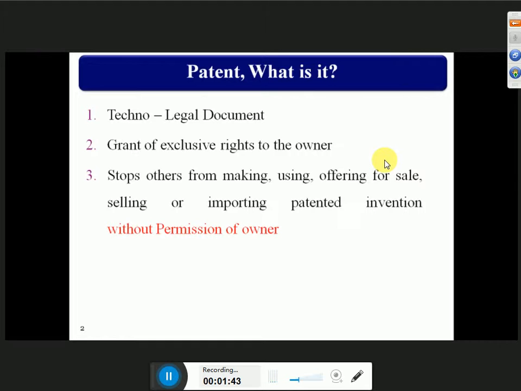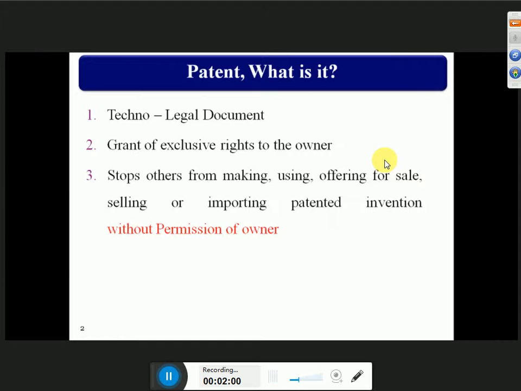And once you get the patent, it stops others from making what you have idealized, using or offering it for sale. One cannot sell or import the patented invention without permission of the owner.